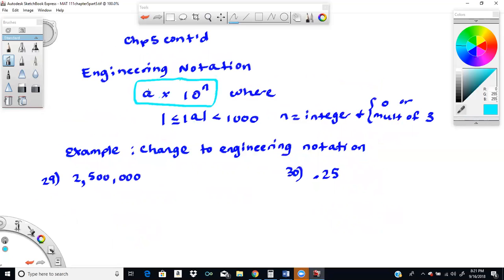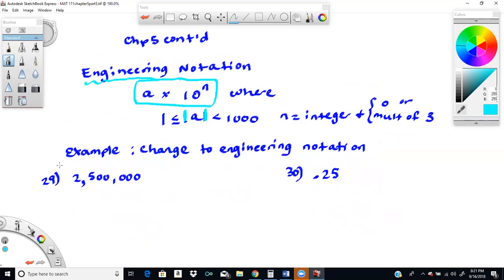However, for engineering notation, the absolute value of A is between 1 and 1,000. It can be equal to 1, but less than 1,000. And n is an integer, but also n is either 0 or a multiple of 3. So it has to be a multiple of 3, or 0.